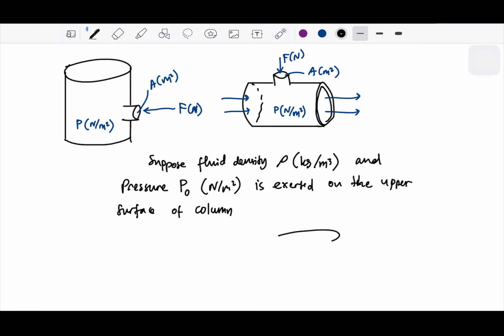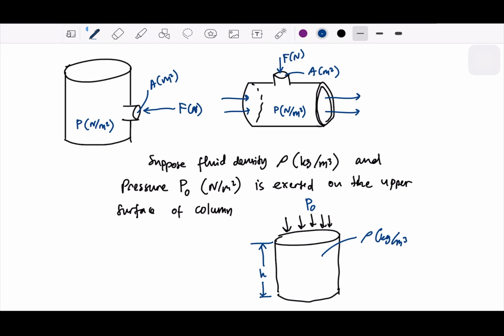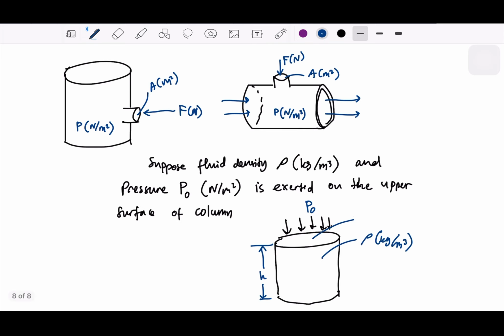Okay, this is similar to the first picture, but it has an exerted force here. So let's say this is P0, and it has some certain height, and you have this fluid density, kilogram, and you have the area here, the cross-section area, and you will have the fluid pressure at the bottom of the column.